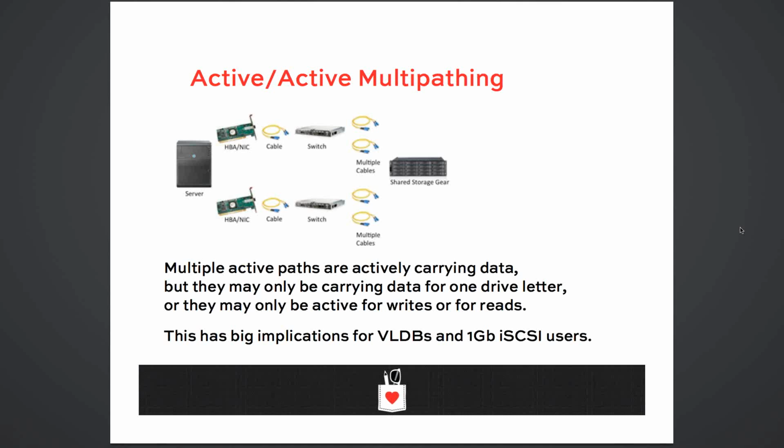If you have a 10 terabyte database that's only got one data file and only all on one drive letter, you may not be able to read data across all of your paths simultaneously, or you might be able to write data across multiple paths to it, but not read across multiple paths to it.